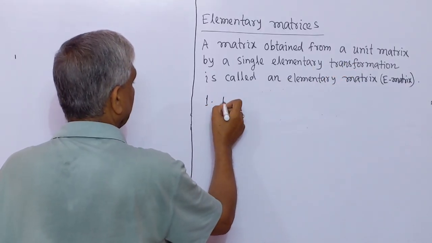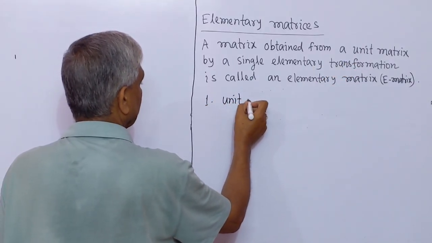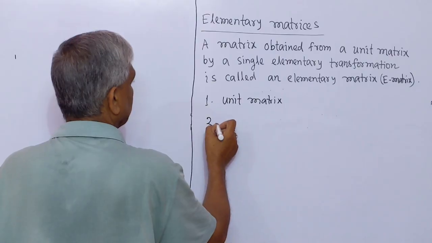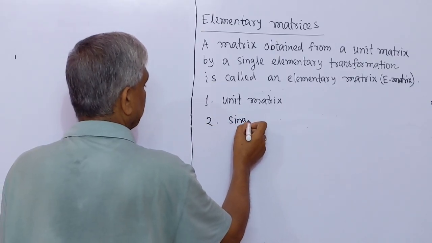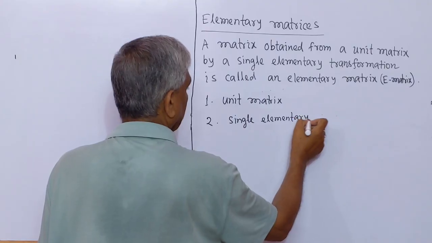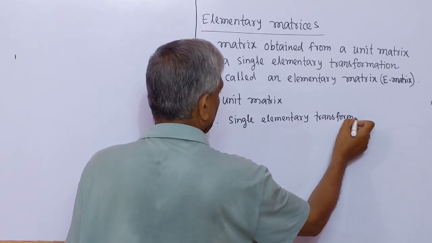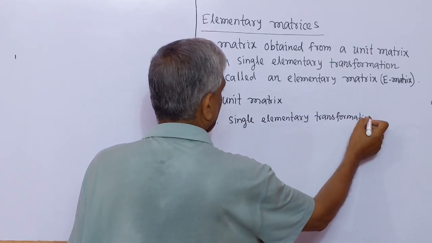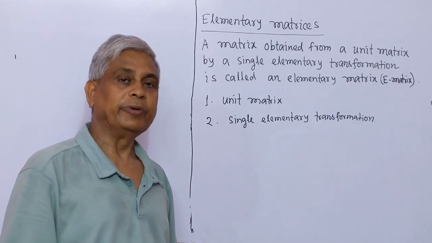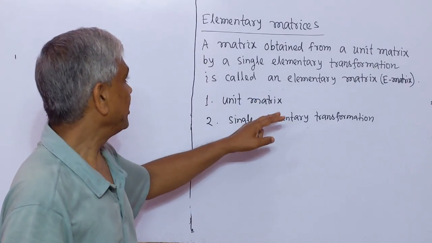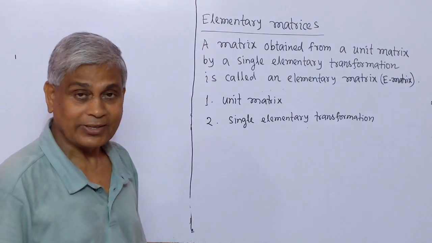Number 1, unit matrix. Number 2, single elementary transformation. Then the new matrix will be termed an elementary matrix.